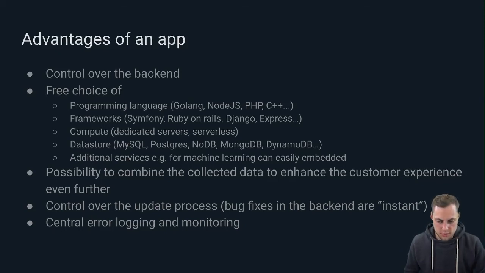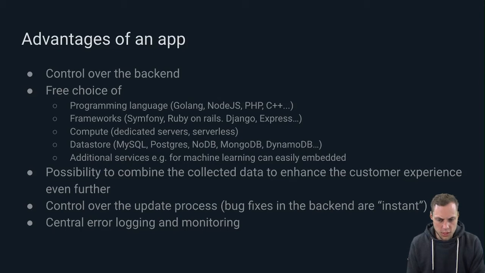There are customers running a version 1 or 2 years old, and there are also customers who have updated like 5 minutes ago. But you have to maintain all these versions. You have to wait for the majority of the customers to be on a certain version before you can deprecate something. And that's different if you have control over the update process.